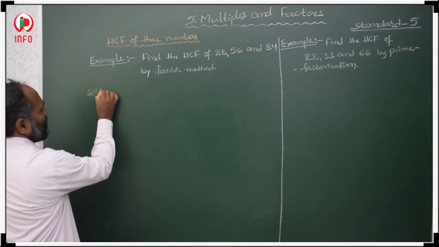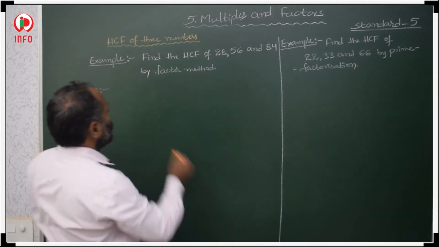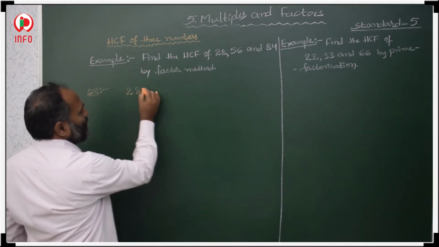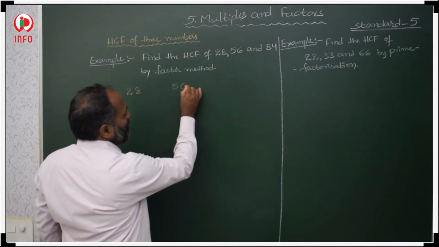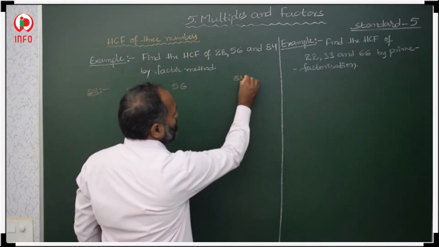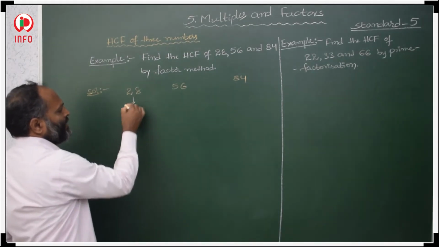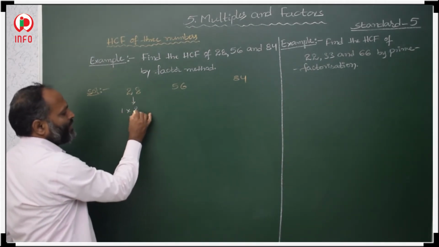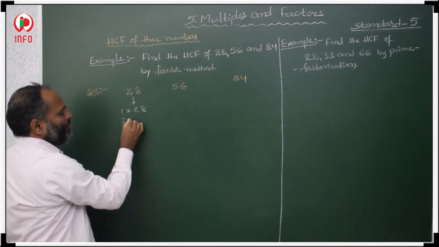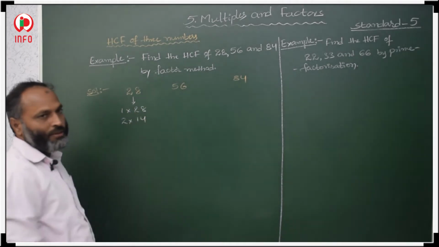Here, see the solution. First, what are the numbers given here? 28 first, next 56, next 84. Now this 28: 1 28 is 28. 2 14s are 28.